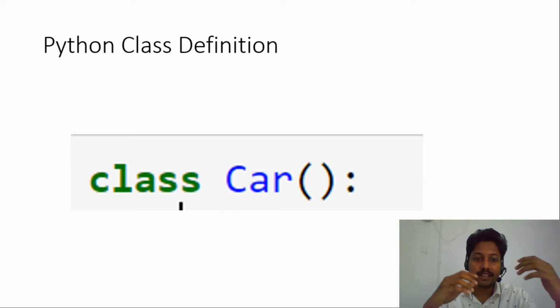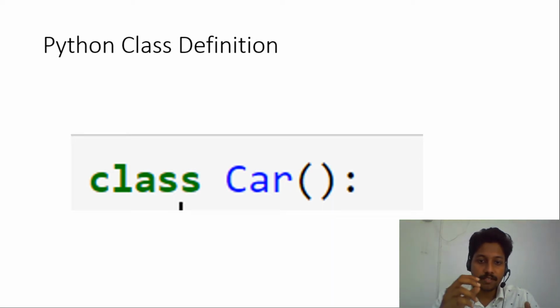So we have talked about class. You must know how we can create a class using a keyword, because we have already learned so many things in Python. We have an intuition, right? When we define a function we use def. Just like that, when we define a class we use the keyword class.